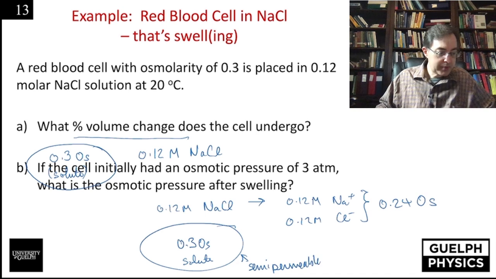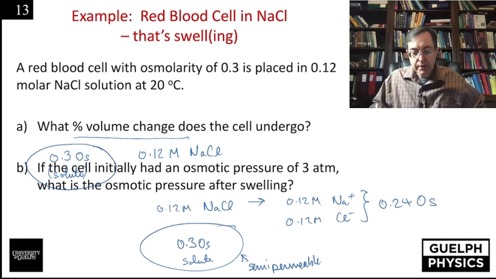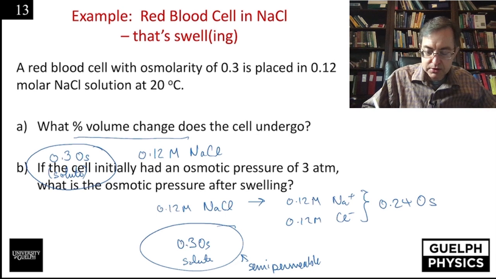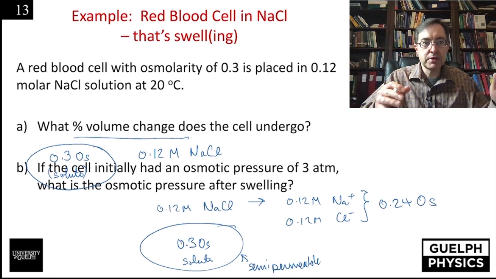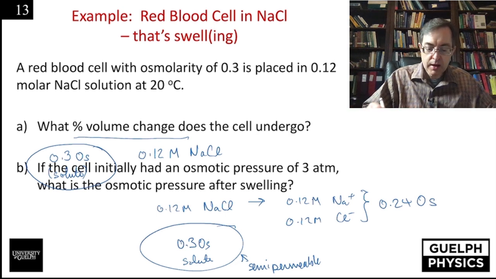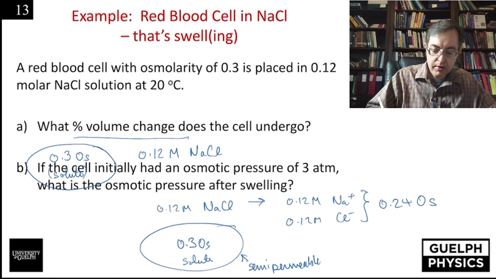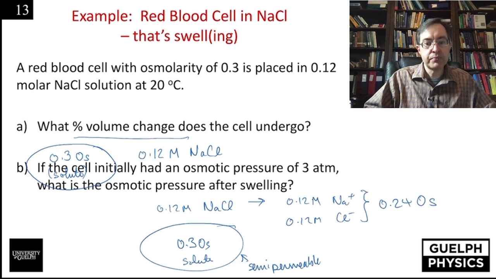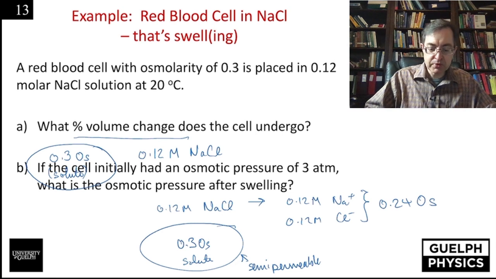So the membrane here is semi-permeable, and what that means is that the sodium chloride doesn't pass through the membrane, okay? However, water can pass through the membrane, and water will pass from the region of high concentration to low concentration.